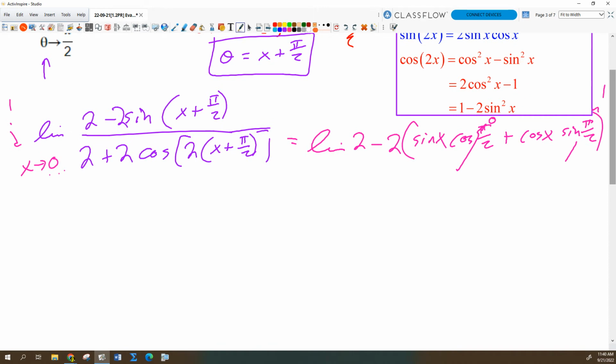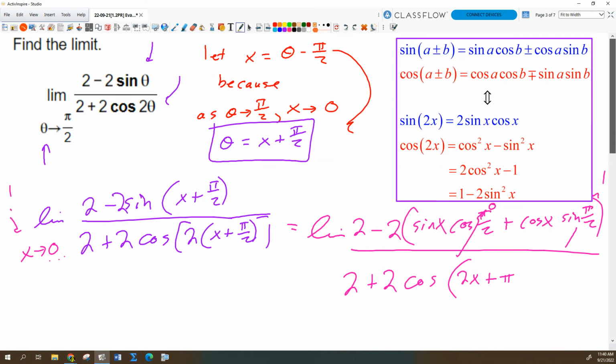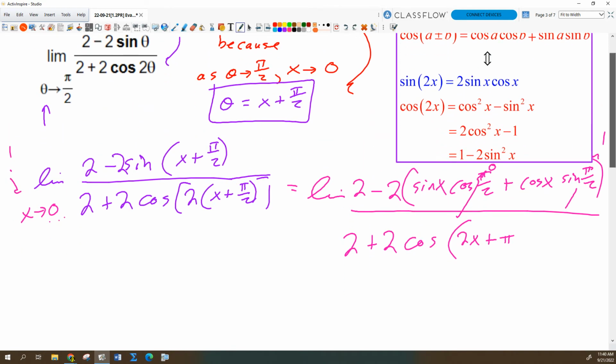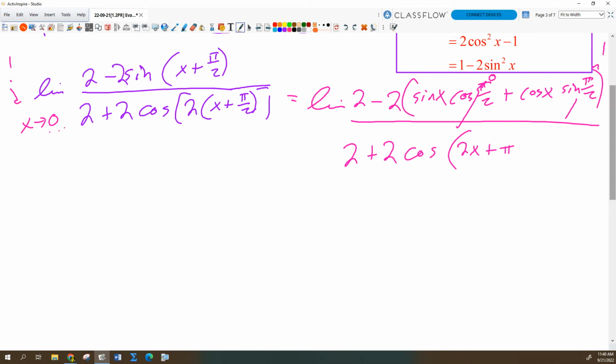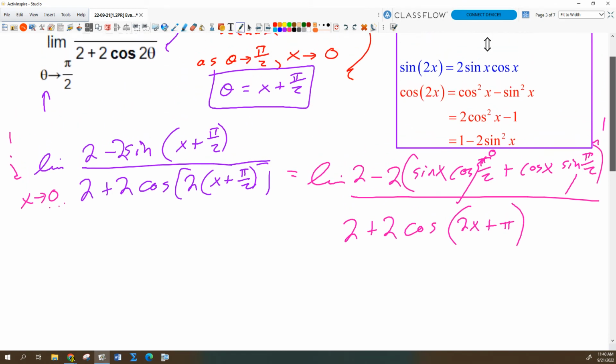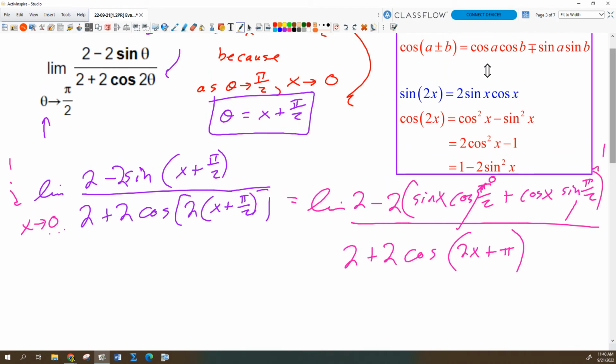And then on the bottom, we've got 2 plus 2 times cosine, and let's simplify this, 2x plus pi, right? Did I write that down right? Yeah. Okay, 2x plus pi. So I've got to do the same thing to cosine 2x plus pi. So let's rewrite that in green here.